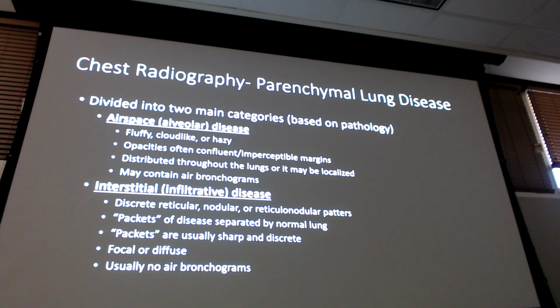You can have a gap of healthy lung in between. Usually you can see where the disease ends, see the lines. It's not hazy, but kind of grainy looking sometimes. We'll see what those look like. And we don't have air bronchograms. We'll talk about why when we see what those things are within the alveolar space diseases.